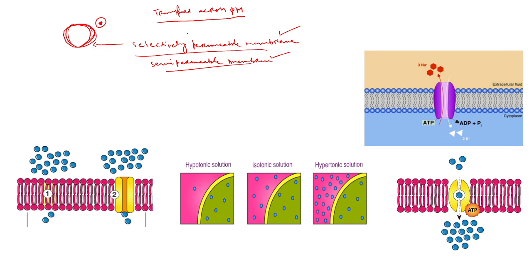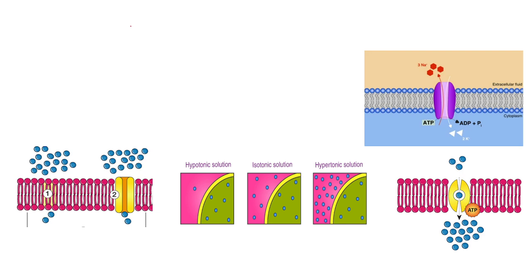So what are the different types of transport across the plasma membrane? There are two types of transport. One is called passive transport, another is active transport.